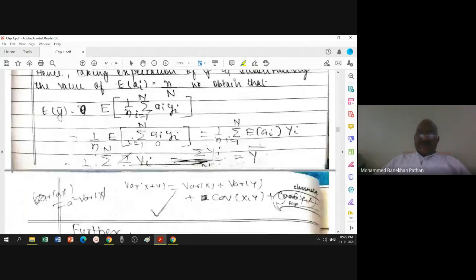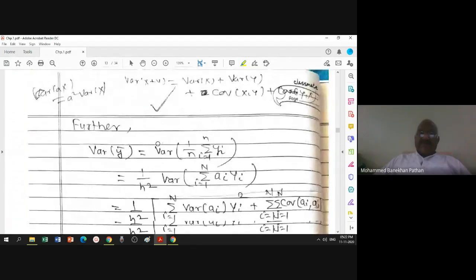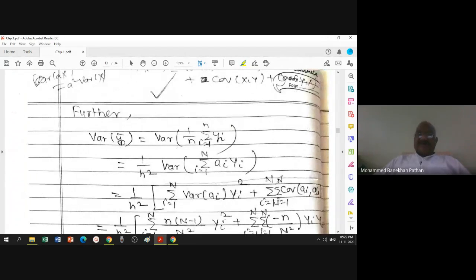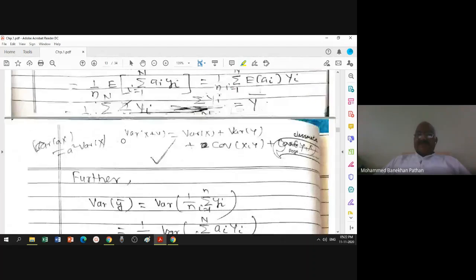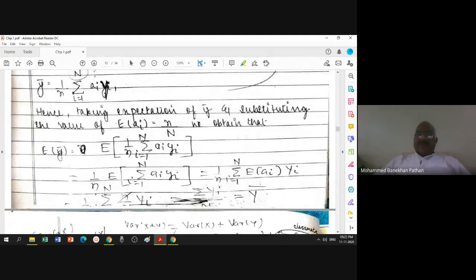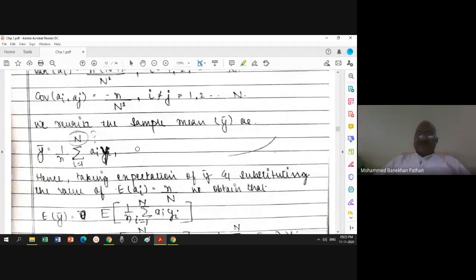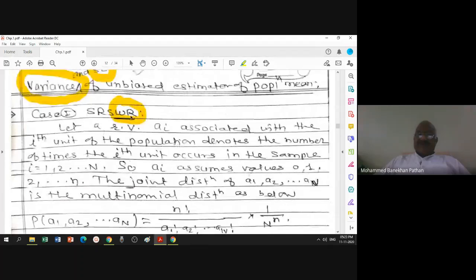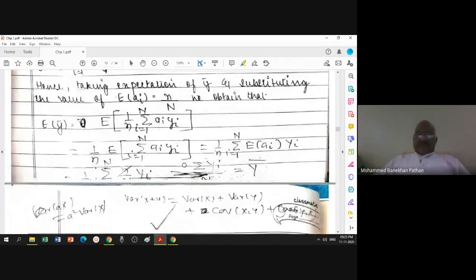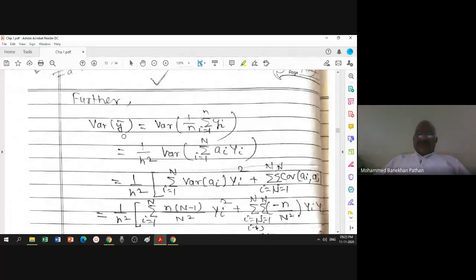What is the next step? We want to develop the variance of y bar. This was the proof that the sample mean is an unbiased estimator of the population mean under with replacement. This we did before also, but by another approach. Now see, variance of y bar equals variance of 1 upon n summation.